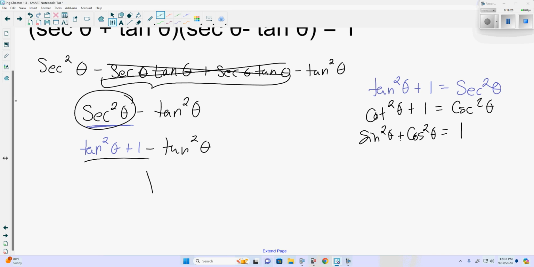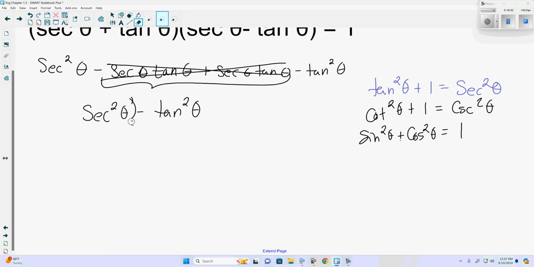Because here, I'm going to erase this. Erase that. Now the top one, tangent squared of theta plus 1 is equal to secant squared. I could also say tangent squared of theta is equal to secant squared of theta minus 1. I just subtract 1 from both sides, yes?